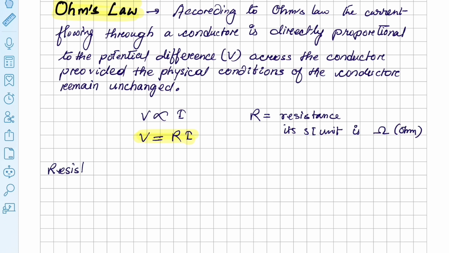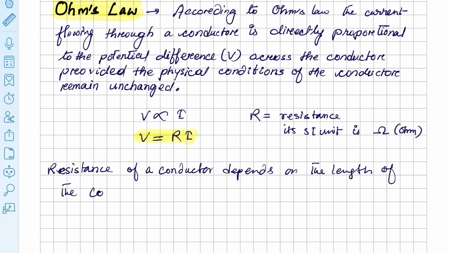So the resistance of a conductor depends on the length of the conductor and its area of cross section.